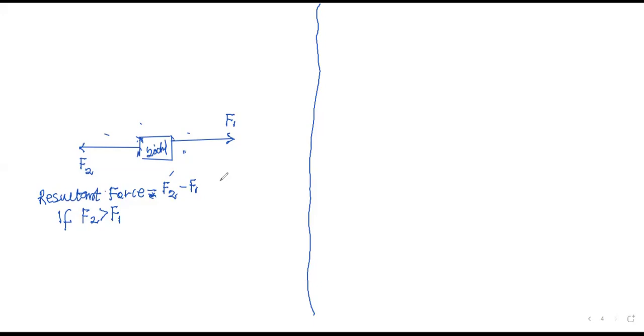Okay, so when two vector quantities act oppositely on a body, the resultant is the difference between the forces. So it basically depends on the magnitude of the forces.